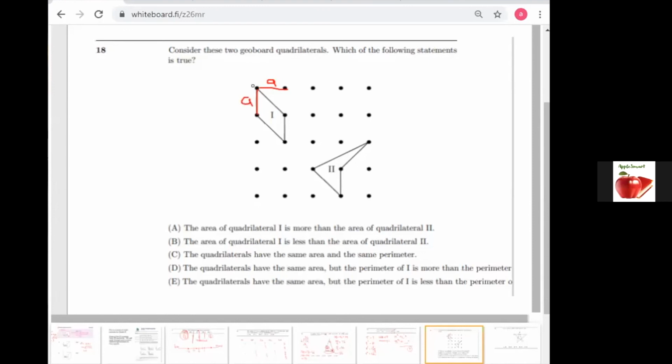And then this one that's longer, we can talk about the Pythagorean theorem possibly here, or just say it's B, it's longer. Do you agree? So we don't know the distance, but do you agree that the perimeter of this one is 2A plus 2B?